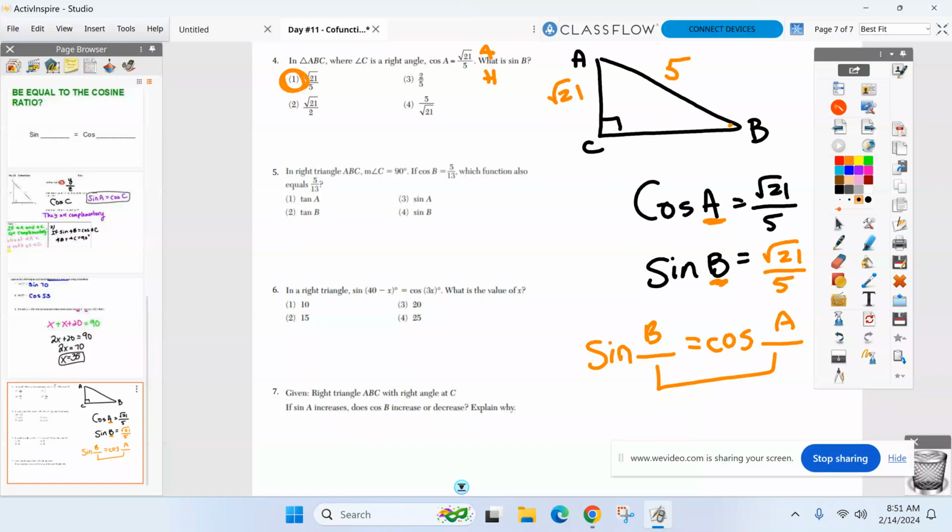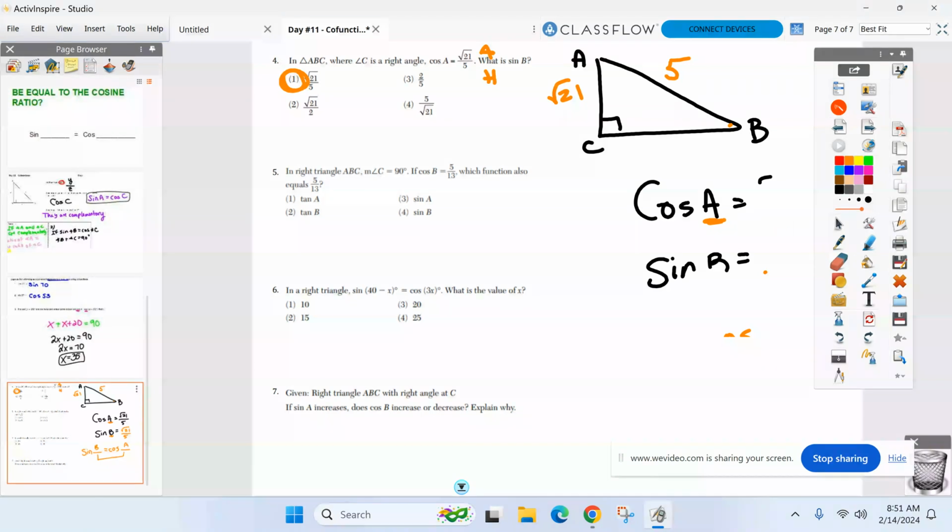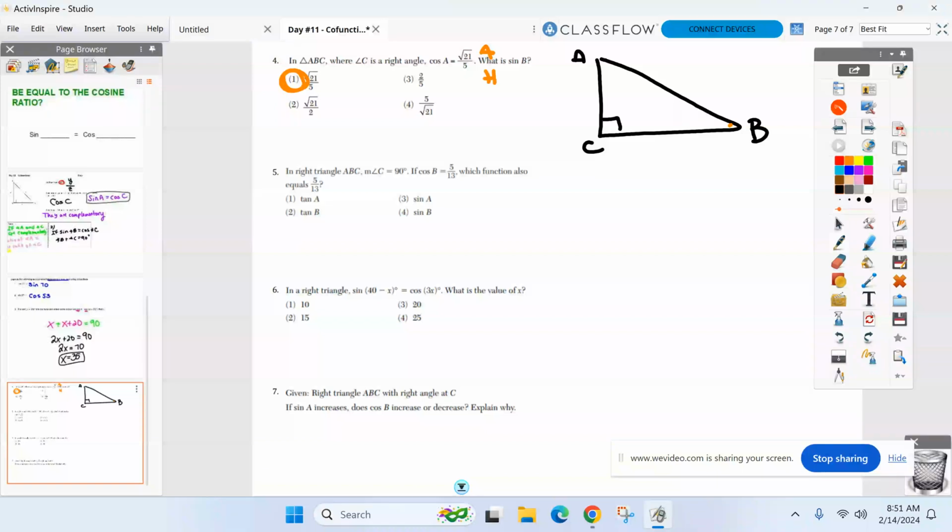Read through number 5 now. We're picking this one up a little more here.